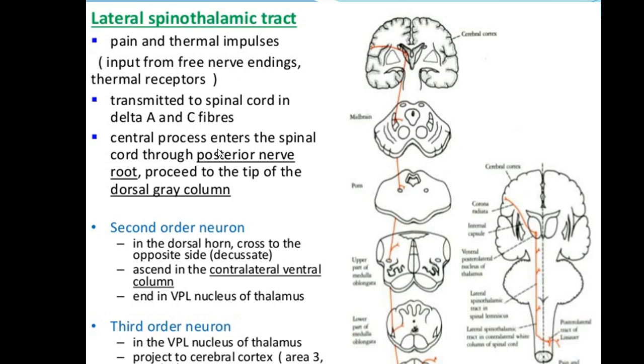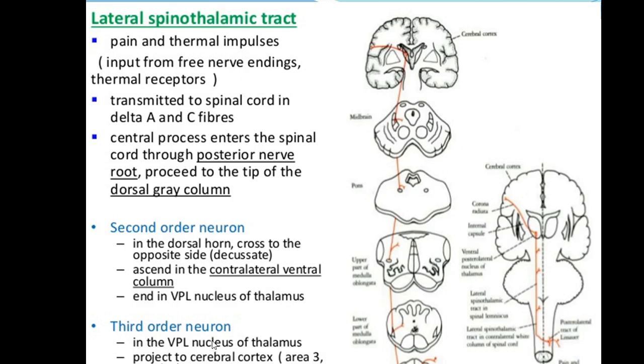The central processes enter the spinal cord through the posterior nerve root and proceed to the tip of the dorsal gray column. The second order neurons lie in the dorsal horn and cross to the opposite side. They decussate here, ascend in the contralateral ventral column, and reach the ventral posterior nucleus of the thalamus.